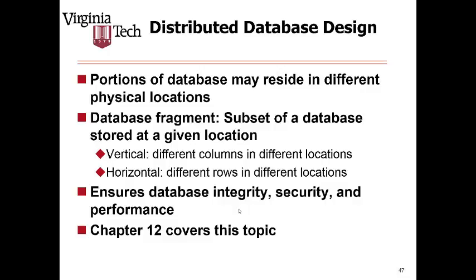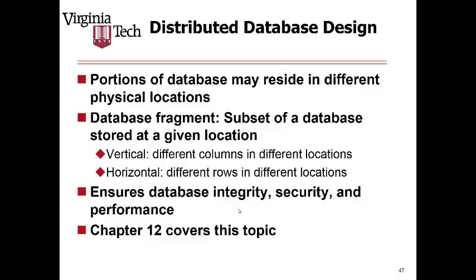That would be what's called horizontal fragmentation, in that you are taking the rows and putting them in different locations. Vertical fragmentation is the idea that you put one column in one location and another column in another location. And it's always because the users in one location need different data than the users in another location.